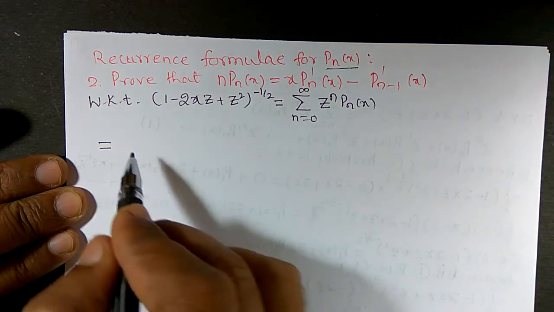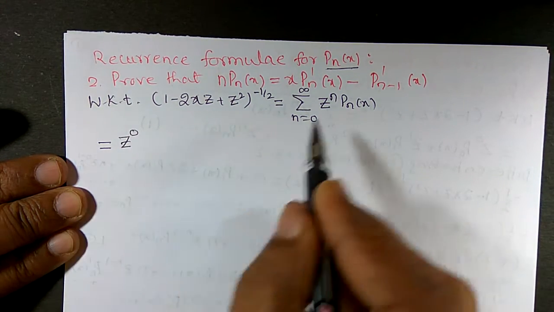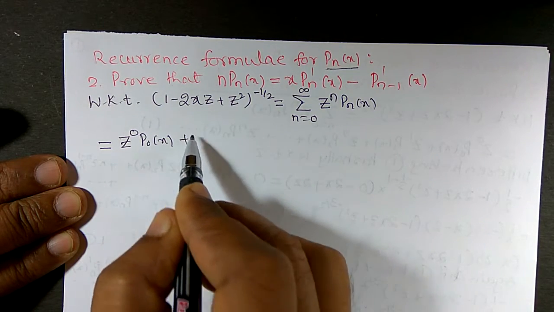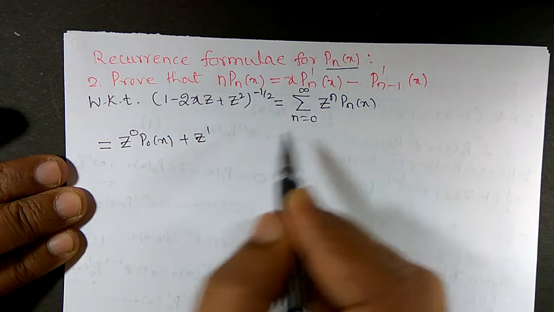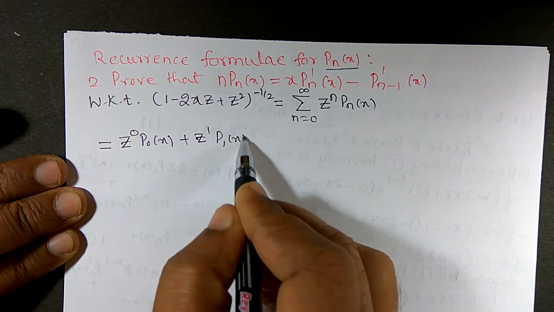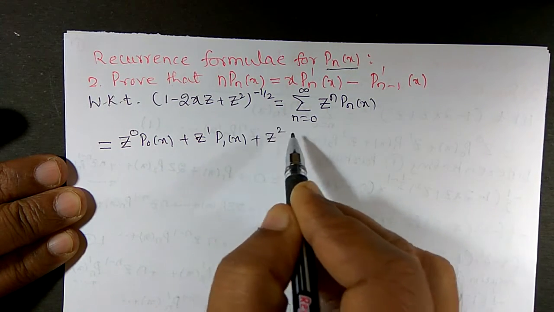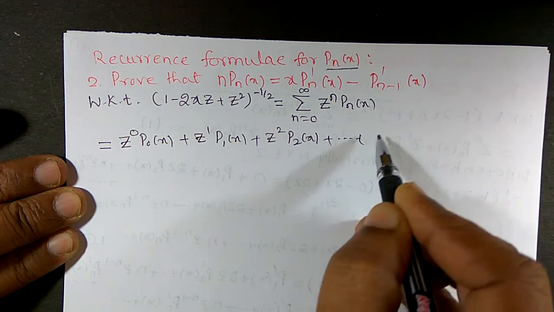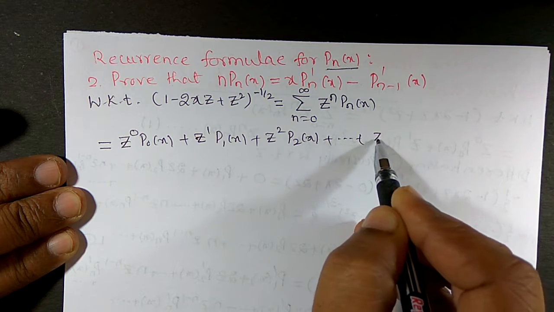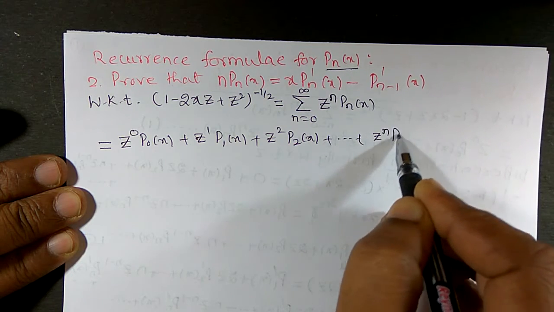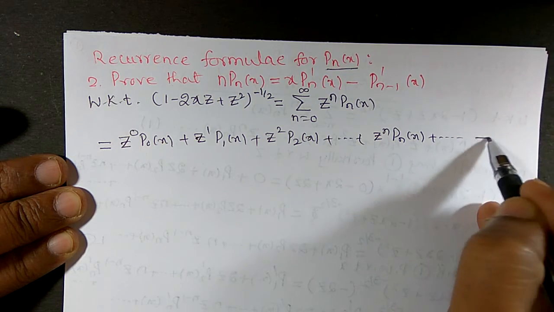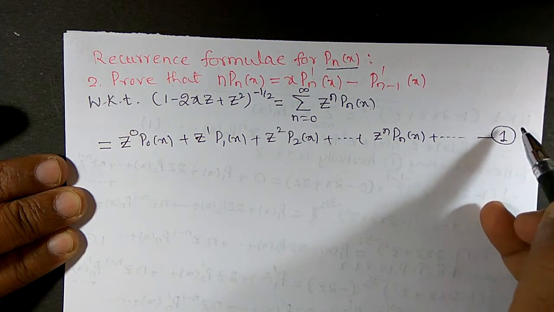I will replace n by 0, and I obtain z to the power 0 P_0(x) plus z to the power 1 P_1(x), z squared P_2(x), and so on, z to the power n P_n(x) plus so on. You may call it equation number 1.